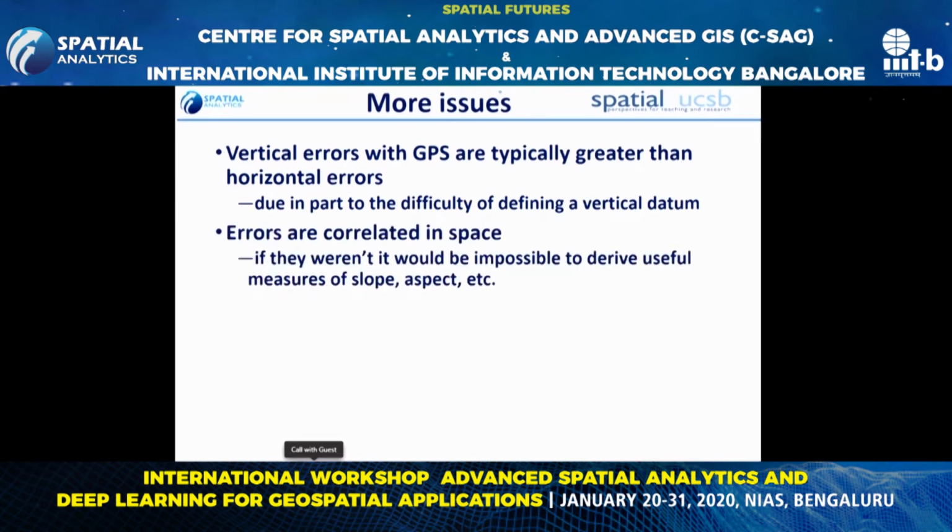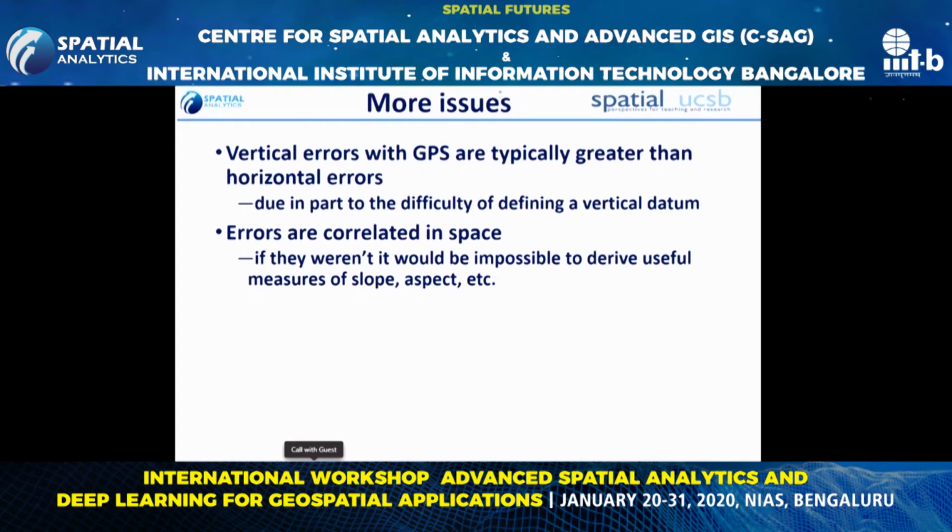And then lastly, and here's perhaps the most important point of all, the errors in any data such as a digital elevation model are correlated in space. And the correlation is a positive spatial autocorrelation. If they weren't, it would be impossible to derive useful derivative measures of things like slope, aspect, or curvature.